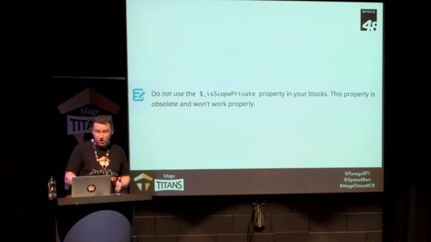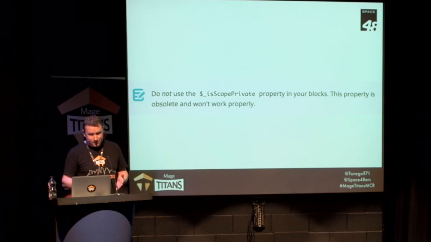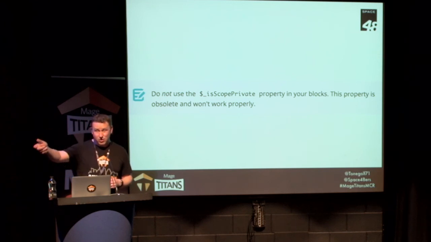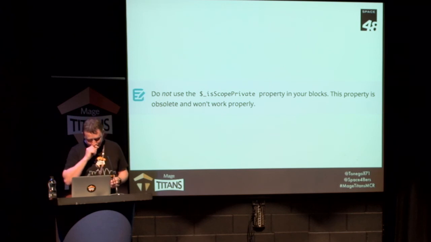Now, I believe there's some question around the fact that some people are still using this, and you have to be careful how you use it, because you could end up caching private data without meaning to, because this actually results in the block you've defined it on doing a secondary AJAX request to pull in that actual block content and replace it on the page. So we need to be careful.